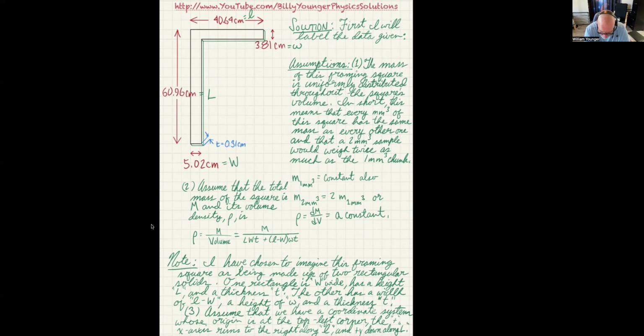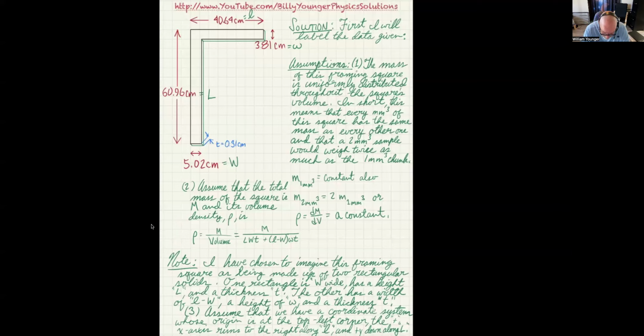So I have chosen to imagine the framing square as being made up of two rectangular solids. One rectangle is W wide, has a height capital L and a thickness T. The other has a width of L minus W, a height of omega, and a thickness T.